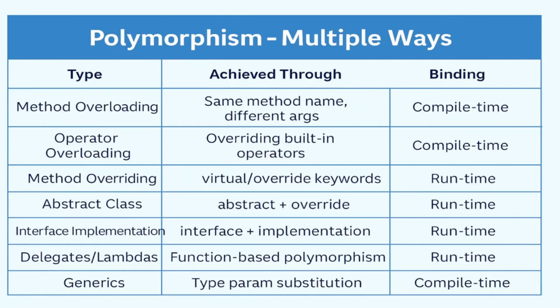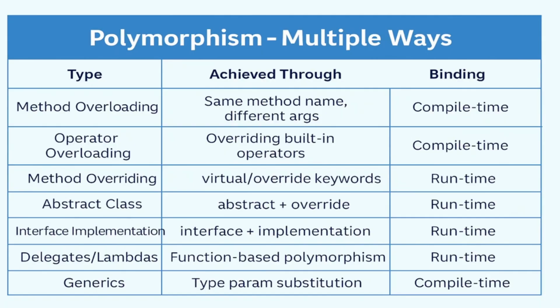Abstract class can have abstract as well as non-abstract methods, and wherever you have abstract methods, you can use override and achieve polymorphism. Since it is override, it is runtime. Interface implementation is another way you can achieve polymorphism.